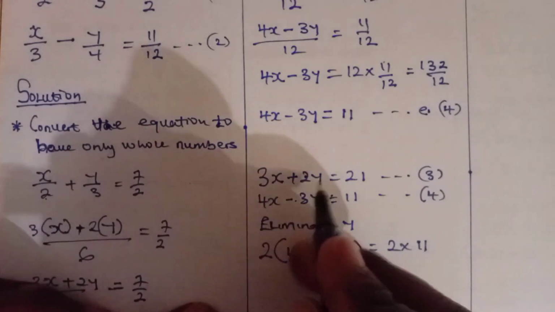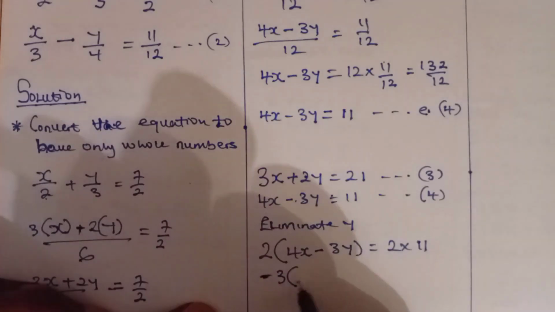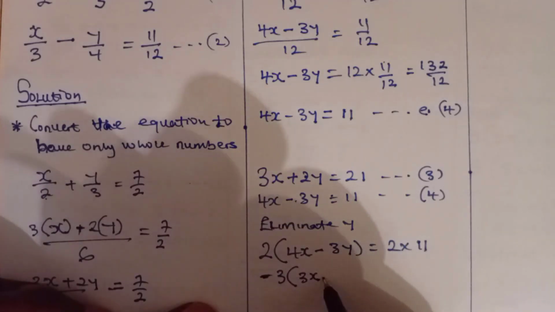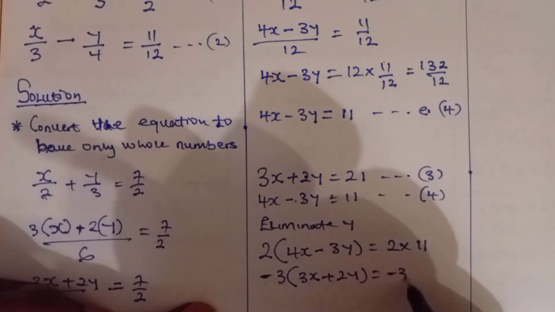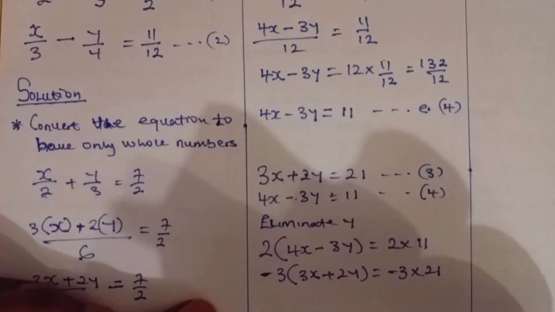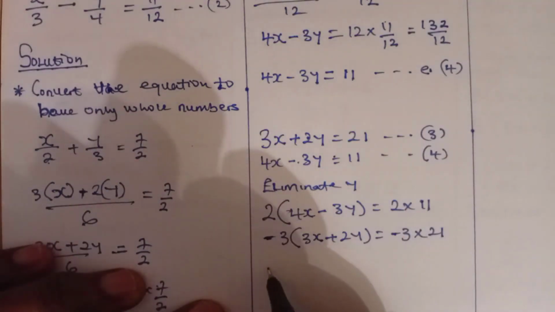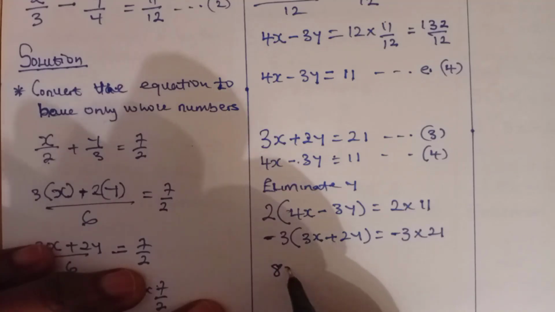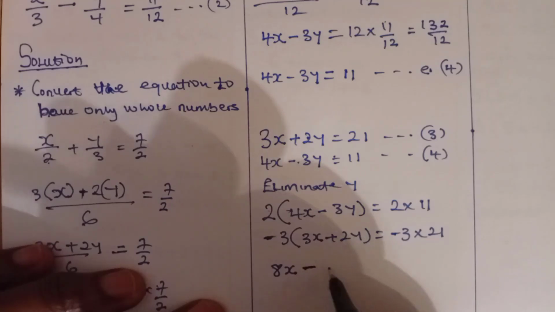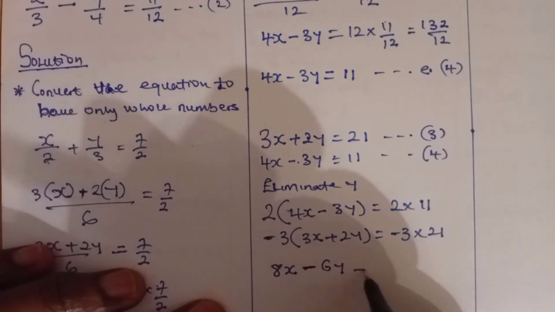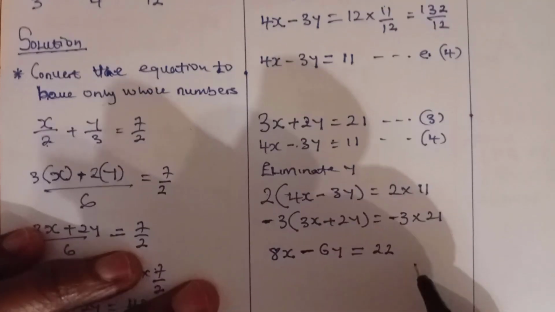And also we have negative 3 multiplying 3x plus 2y equals negative 3 times 21. So when you open this bracket, 2 times 4x is going to give us 8x, and 2 times minus 3y is going to give us minus 6y, equal to 2 times 11, which is 22.